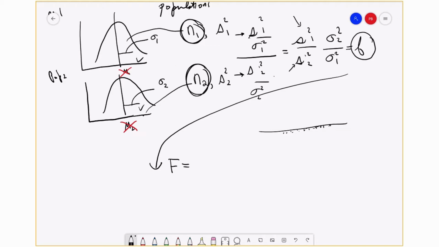And now when I make my capital F, which represents the random variable, I'm going to have S squared 1 over S squared 2, times sigma squared 2 over sigma squared 1. That's a random variable. Because it's a random variable, it's got a probability density function, and because it's a probability density function of a sample statistic, we can think of it as being a sampling distribution.